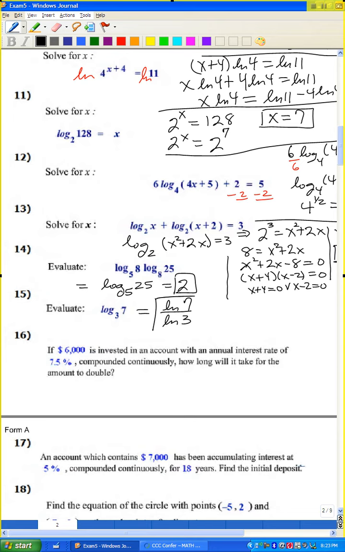Now it doesn't make any difference which of the bases I use. But since I used one last time, I'll use the other one this time. And so ln 7 over ln 3 is approximately 1.77124374. And that's your answer.